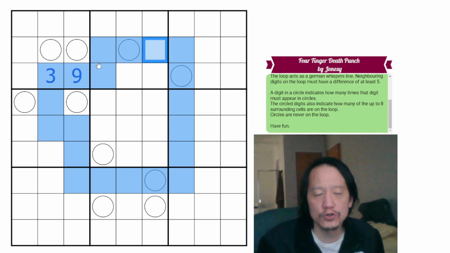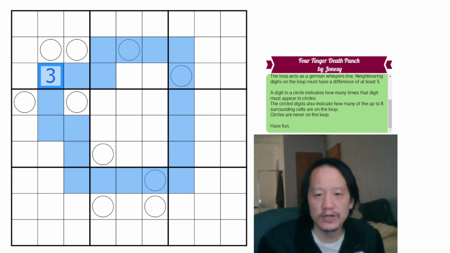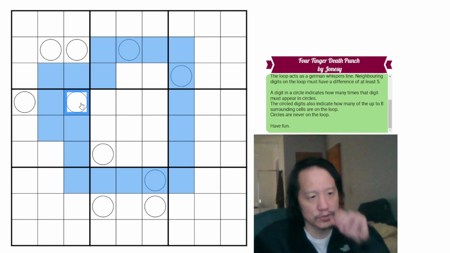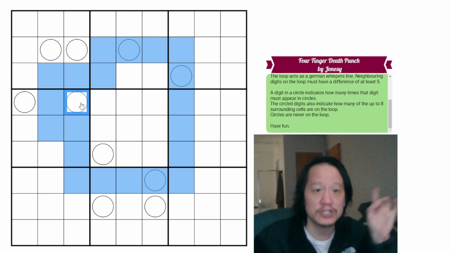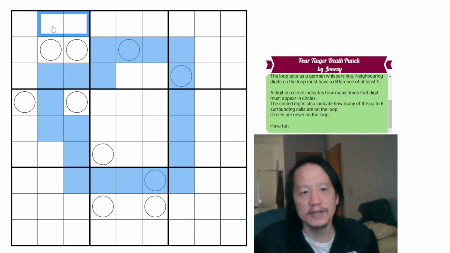A digit in a circle indicates how many times. Okay, so say we ignore these circles here. What do the digits in the circle mean? For this one, this would be basically 2, because of the 8 surrounding cells around it, 2 of them are on the loop.